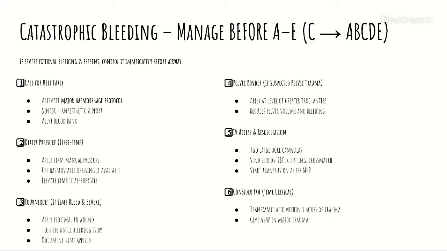With a catastrophic bleed, that is about how much blood they've lost. I think it's more than 50% of their total blood volume in a certain amount of time, a couple of hours, I think. But I can't lie, if you walk into a situation where you see a catastrophic bleed, you kind of instantly know what's going on.